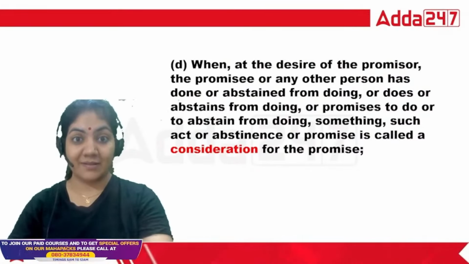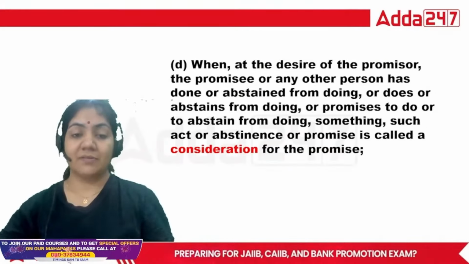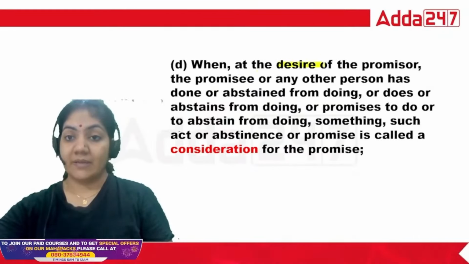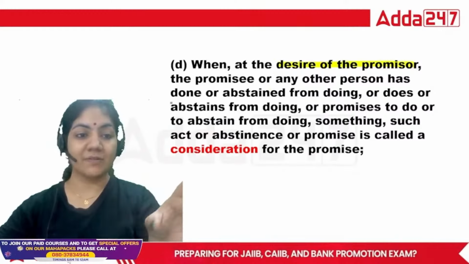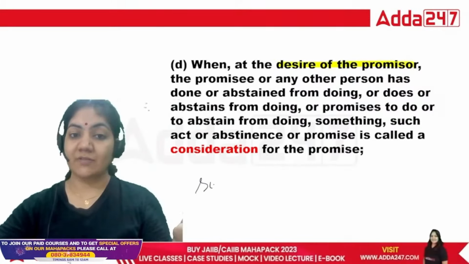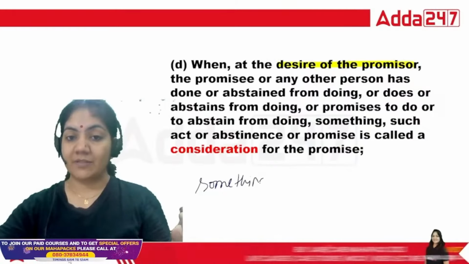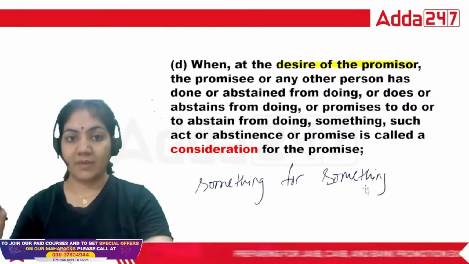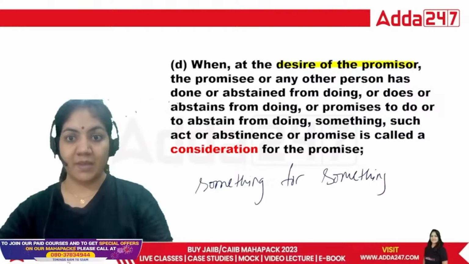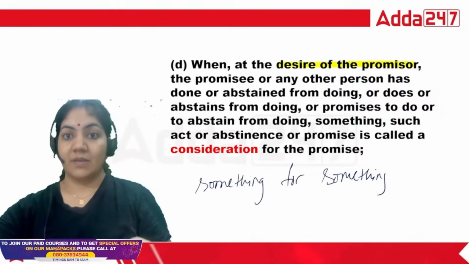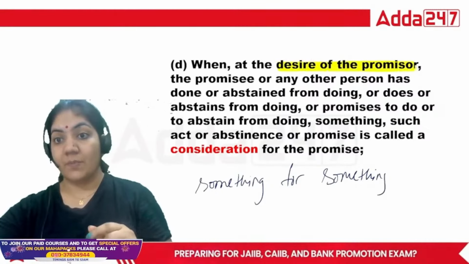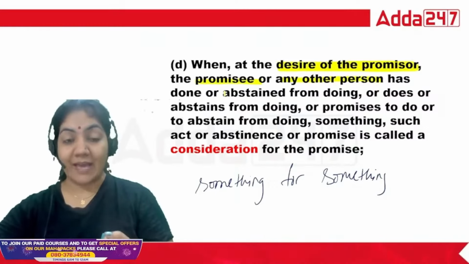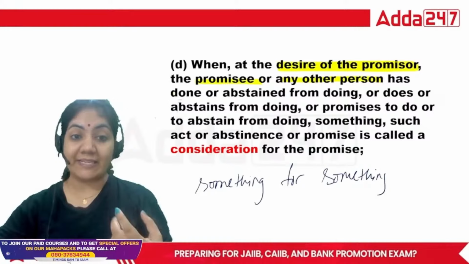Now, this is consideration. See the definition that is written in your act. When at the desire of the promisor, the promisee or any other person has done or abstained.